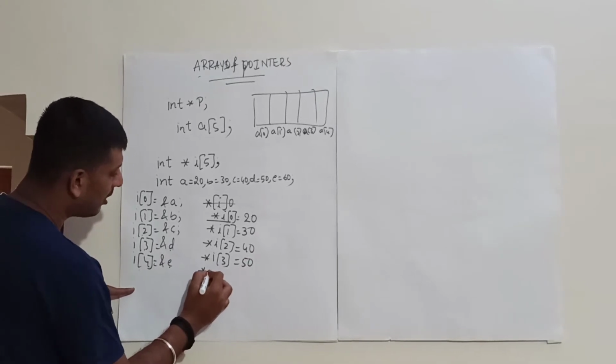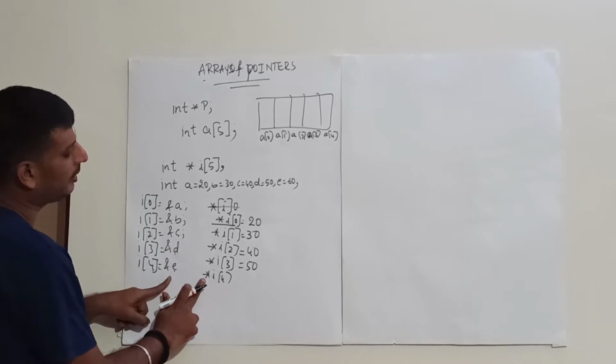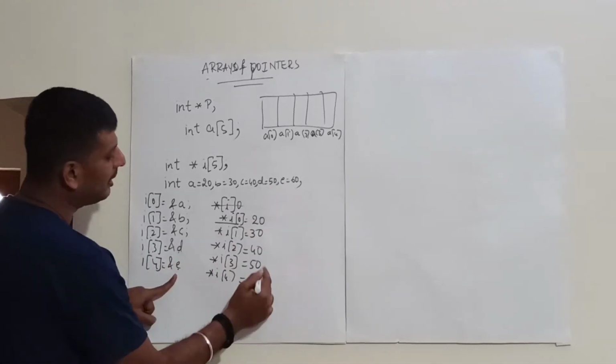Same way, i[4] is storing the address of e. If I write *i[4], it will display the value of e, that is 60.